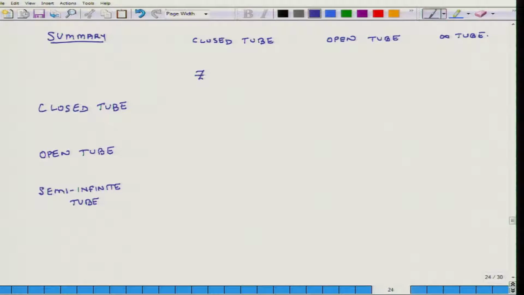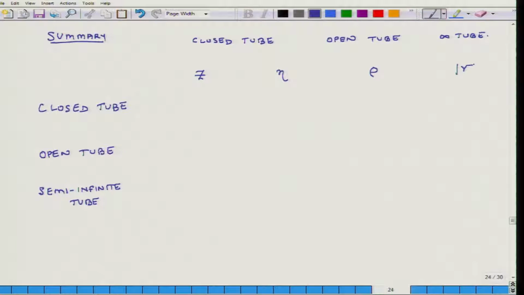So, what we will do is construct a table for Z, which is specific acoustic impedance, eta, rho, and rho is the ratio of maximum pressure amplitude and minimum pressure amplitude as I travel in the tube, and then finally gamma.